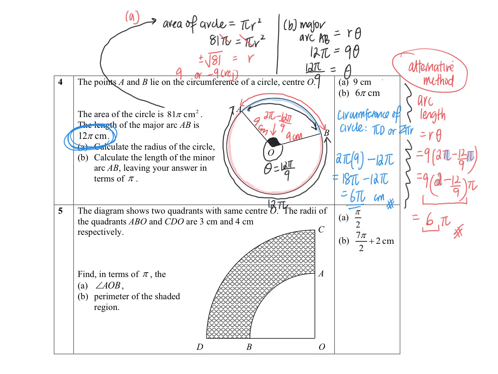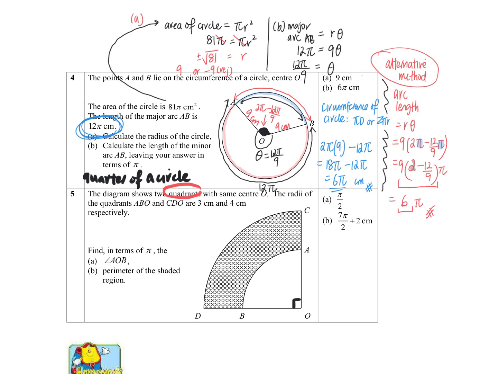Okay, last one. I have two quadrants. Quadrant is a very important word. What does it mean? Quarter of a circle. So straight away, this is 90 degrees. This one, they never tell you, but when they say quadrant, they tell you it's 90.